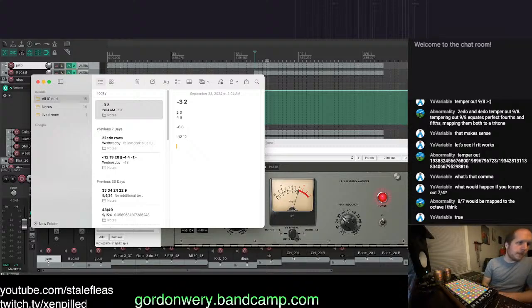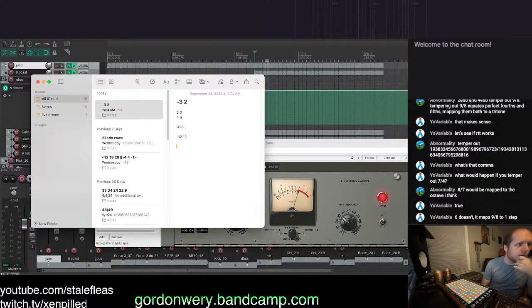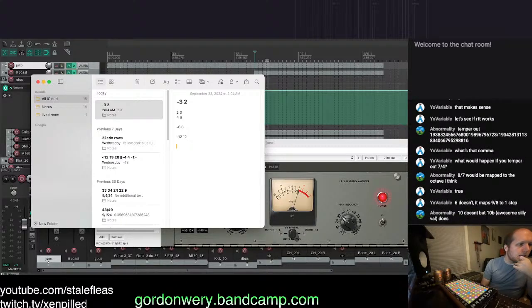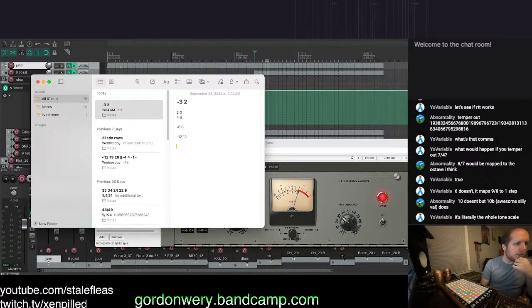Interesting. 10 doesn't, but 10b, a silly val, does. Yeah, okay, I see. It's the whole tone scale, yeah. So it has a 9/8 in it.